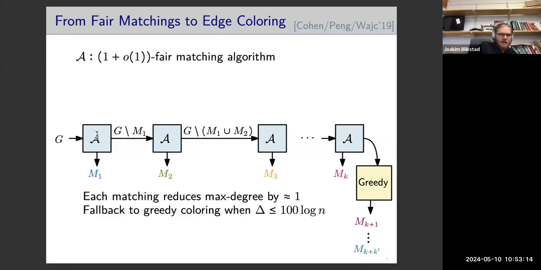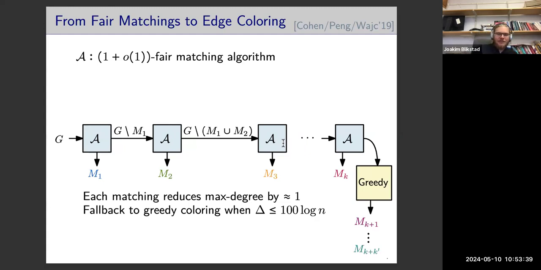Each of these matchings reduces the maximum degree by roughly 1, because if a vertex had max degree delta, then in expectation it is almost guaranteed to be matched. So if you run a few of these, you actually have high probability bounds on the max degree reducing.